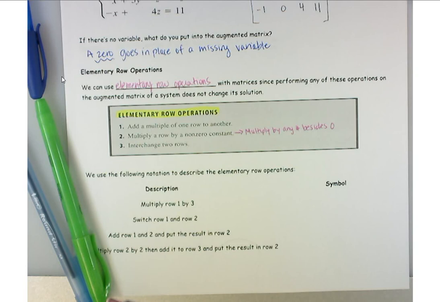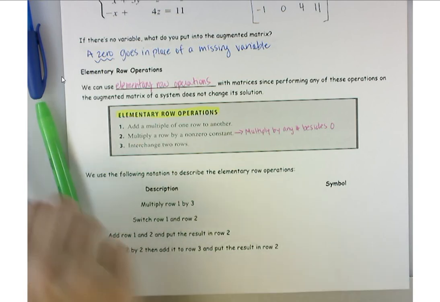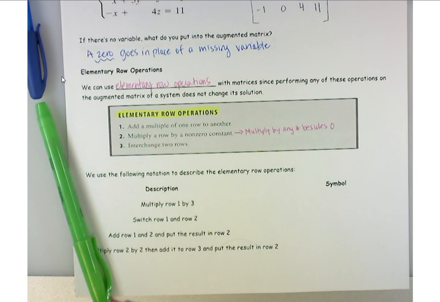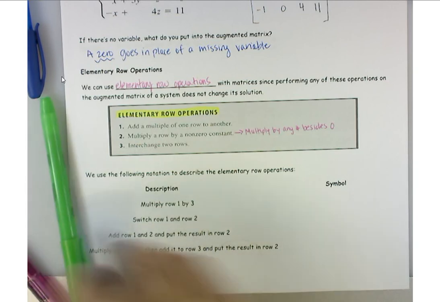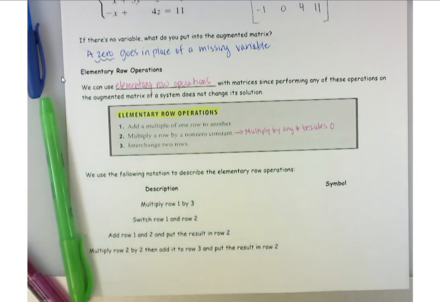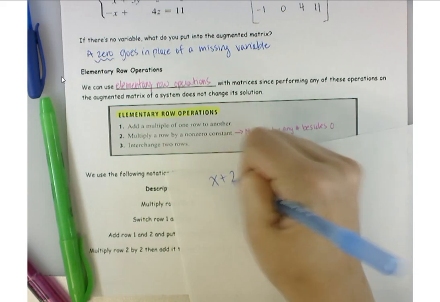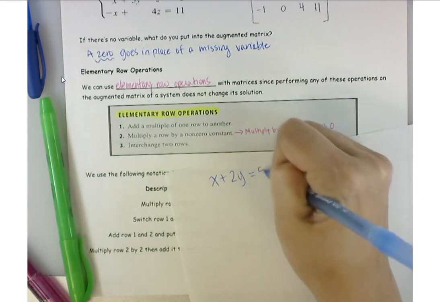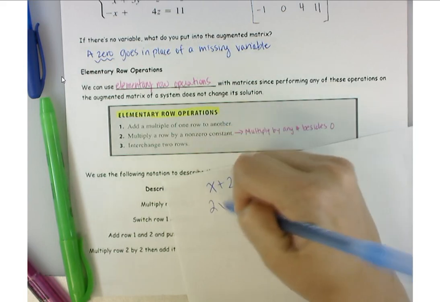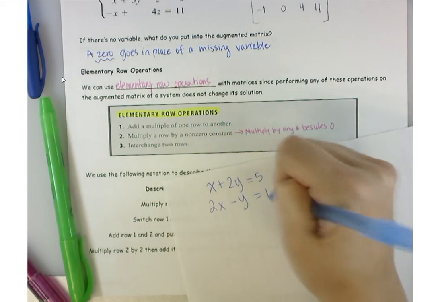Yeah, okay, so as long as I'm multiplying by something that is non-zero, that's allowed. Now the top says add a multiple of one row to another. That's actually exactly what we did yesterday. You guys can see this on the board, the system from yesterday: x plus 2y equals 5, and 2x minus y equals 15.